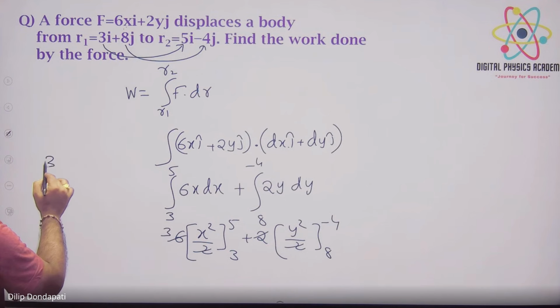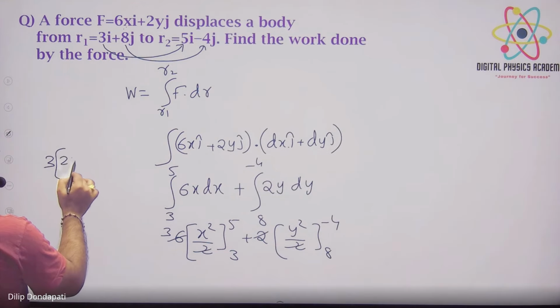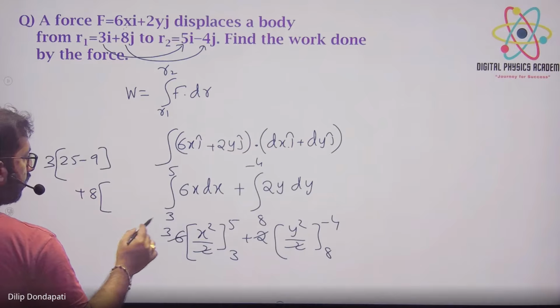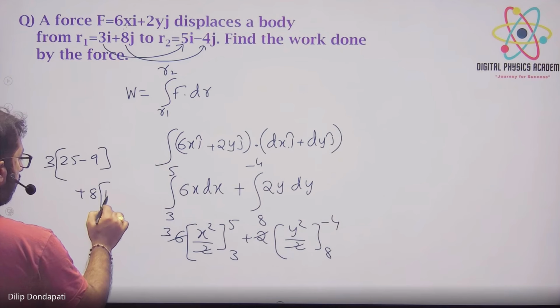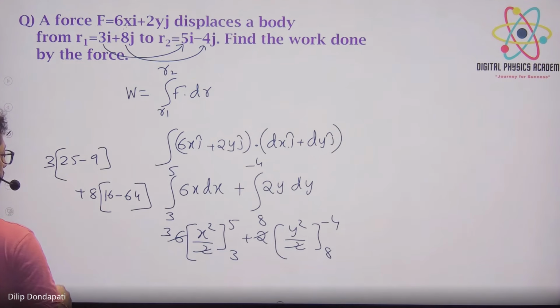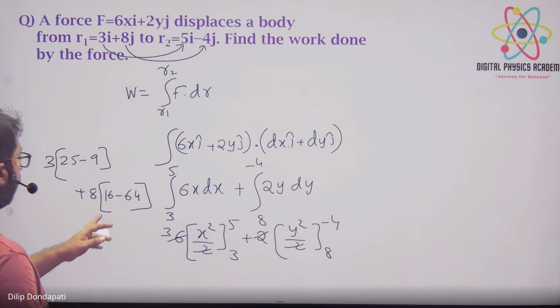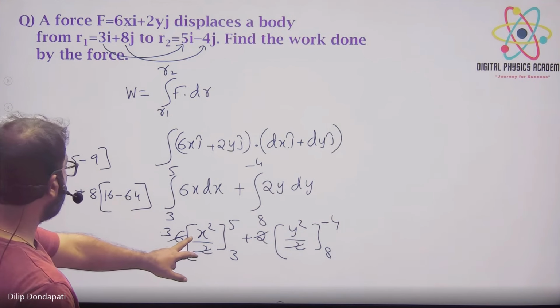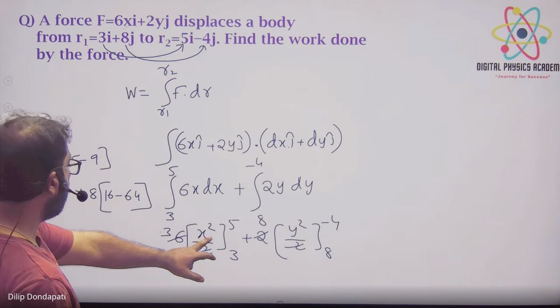So 3 times of 25 minus 9, so 75 minus 27 plus 64 minus 16. Right? So कितना होगा? 48. 2 3 is 6, 3 times of 25 minus 9.